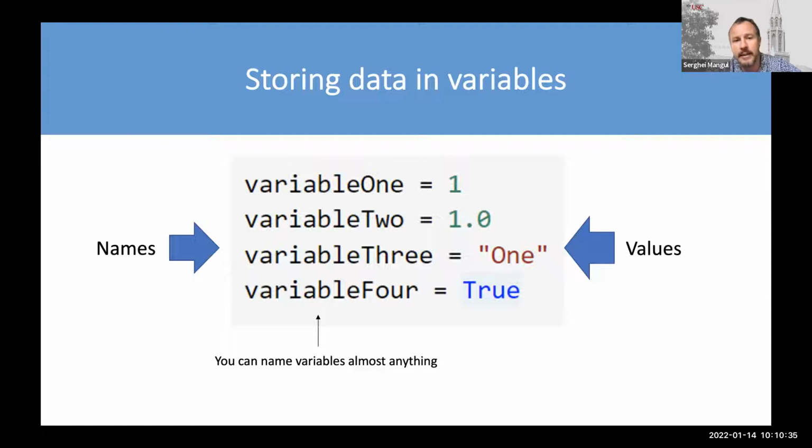So in this case, you can see we are storing 1, which is an integer, 1.2, which is a floating point number. Then 1 actually is a string. So the string, you can see, is written in double quotes, and usually it's highlighted in red in the program. And then you have true.